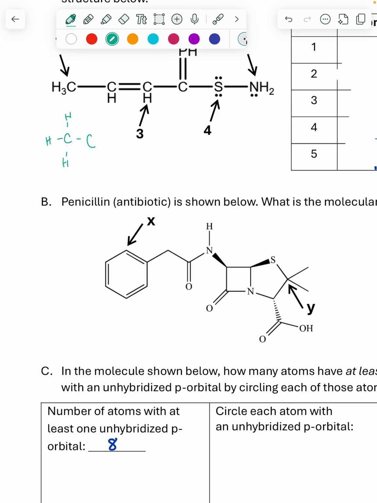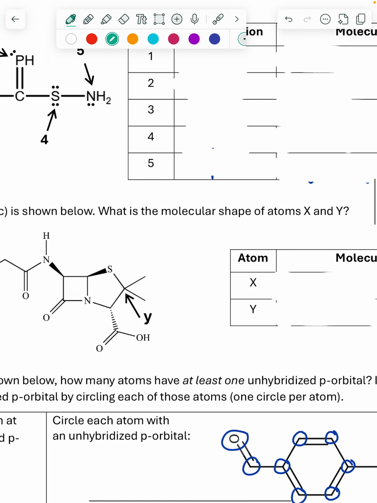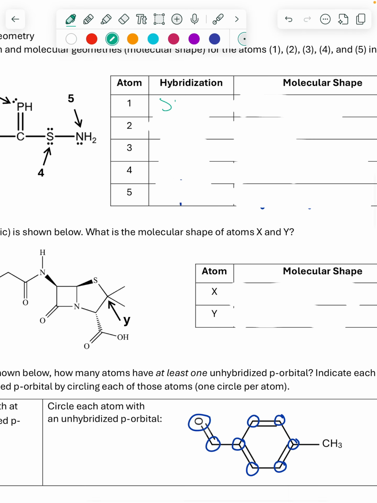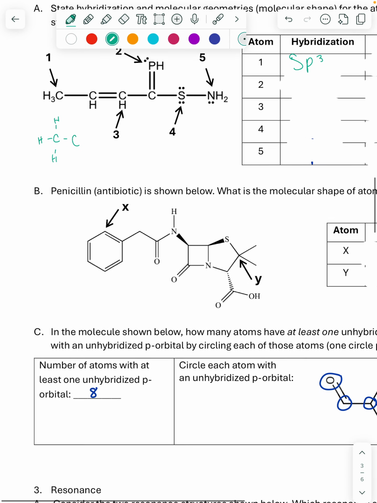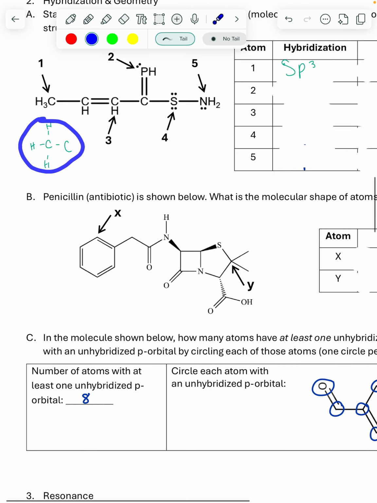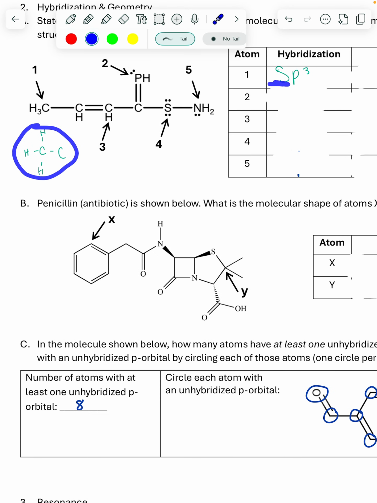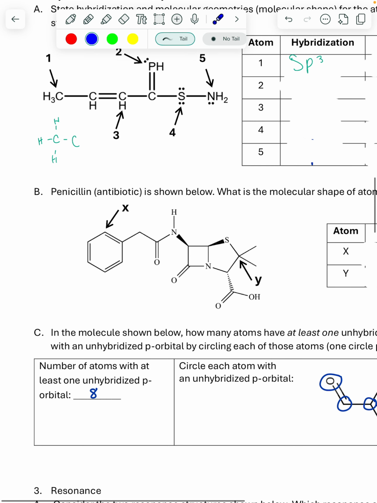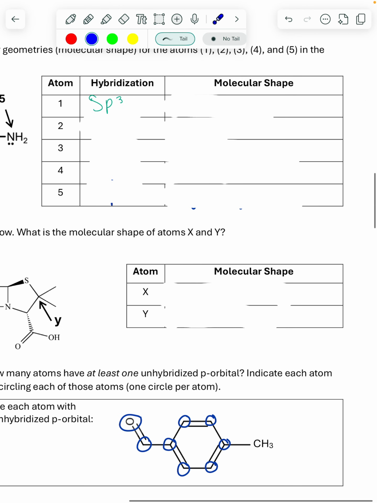Because it has 4 electron pair domains, it's sp3. I think of it as it's connected to four things. So S is 1, and then it needs to have 3 P's to add up to 4. And the molecular shape, it has sp3, all bonds, no lone pairs, so it's tetrahedral.